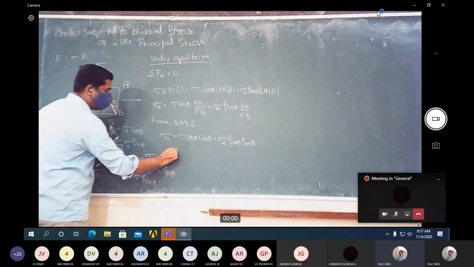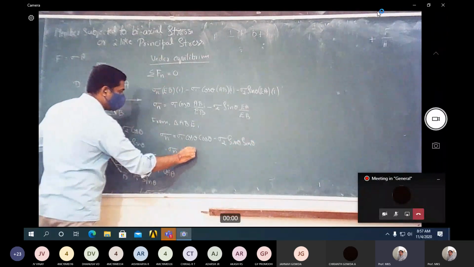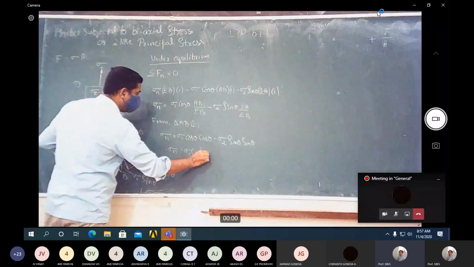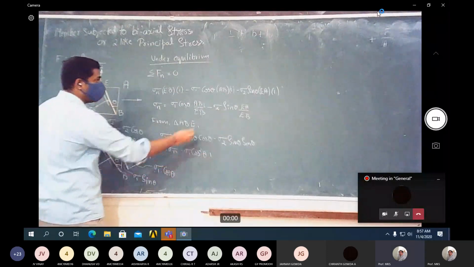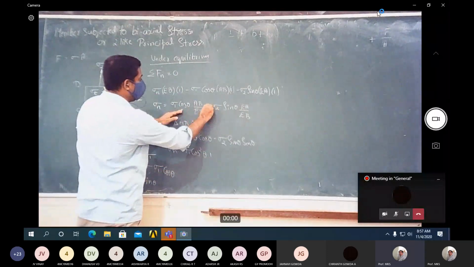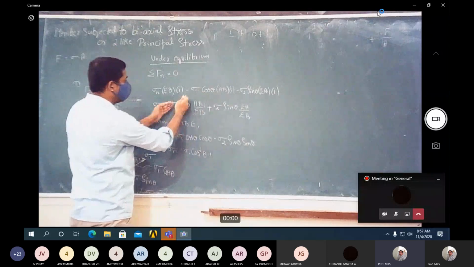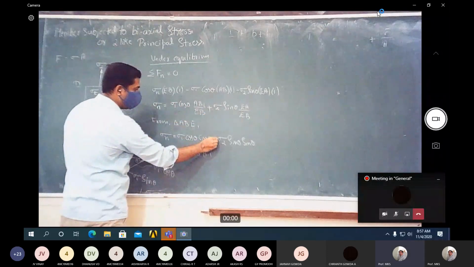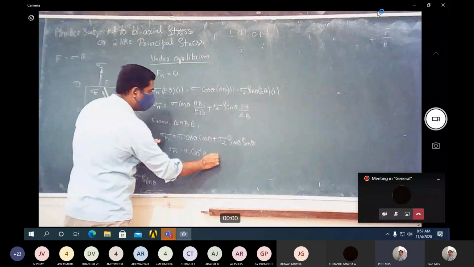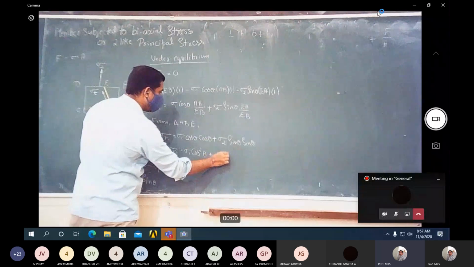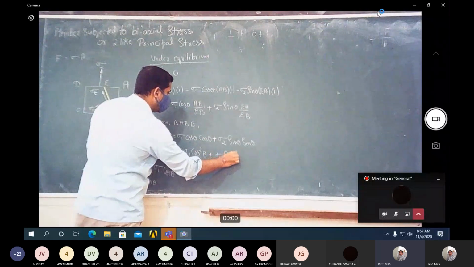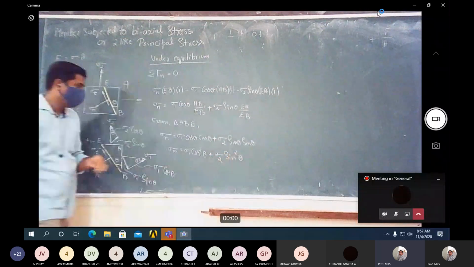So sigma n is equal to sigma 1 cos square theta, plus, since it is going to the other side, it is plus, not minus, sigma 2 sin square theta, right?